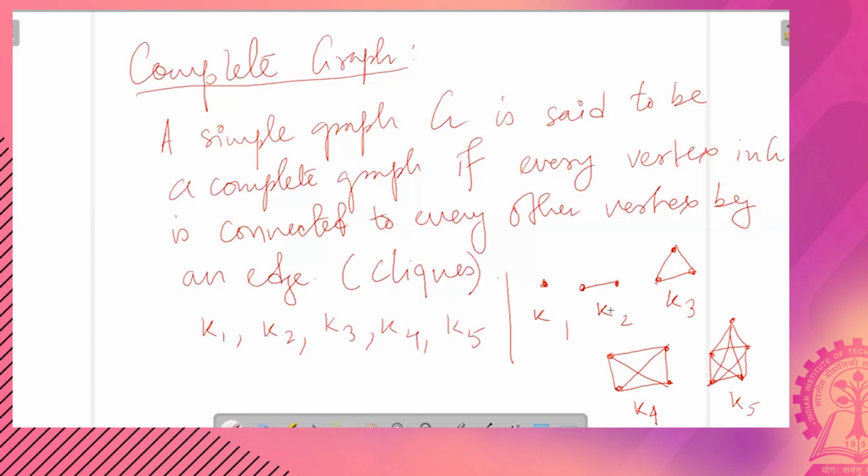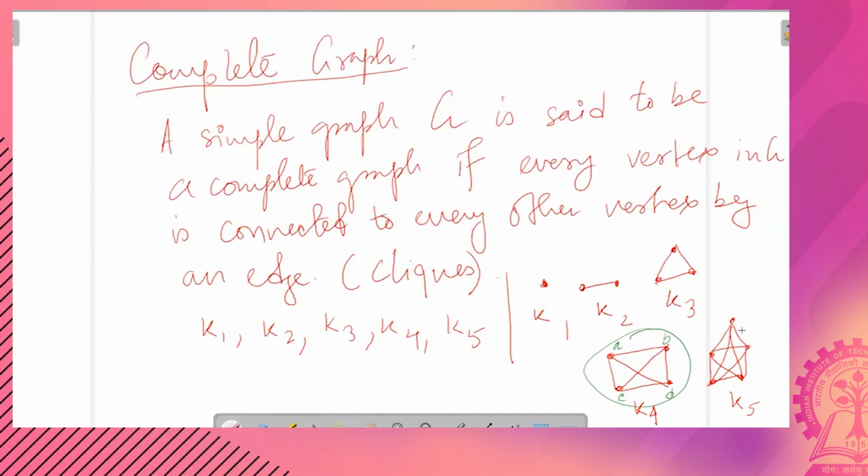You see, in each of these, every node is connected to every other node by an edge. For instance, let's take K4: this node here, call it A, is connected to B, C, D, all the other nodes in the graph, by a direct edge. Similarly for K5 and all other such cliques.